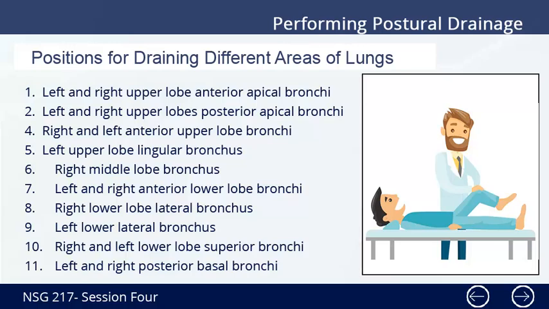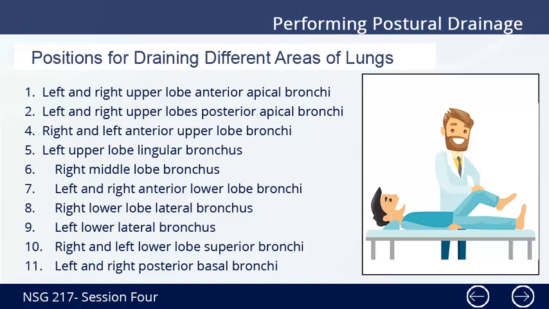Number 7, right lower lobe lateral bronchus. You will have the client lie on the left in Trendelenburg position with foot of bed raised to 45 to 50 cm. Percuss and vibrate the right side of the chest below the scapula, posterior to the mid-axillary line.